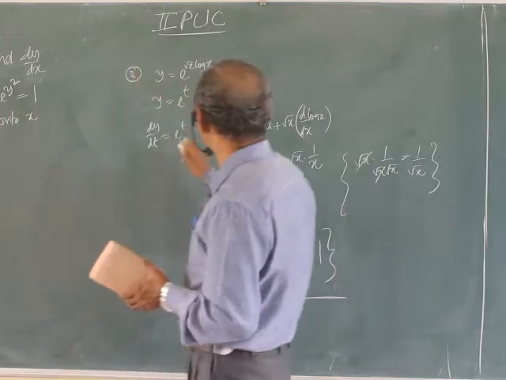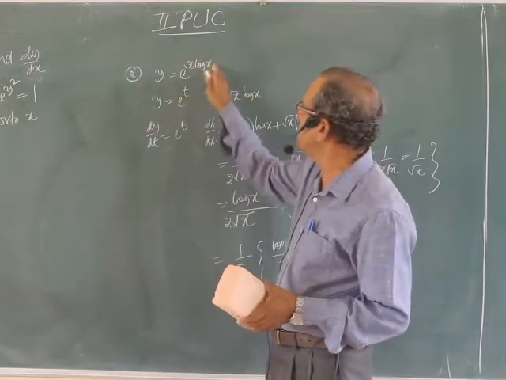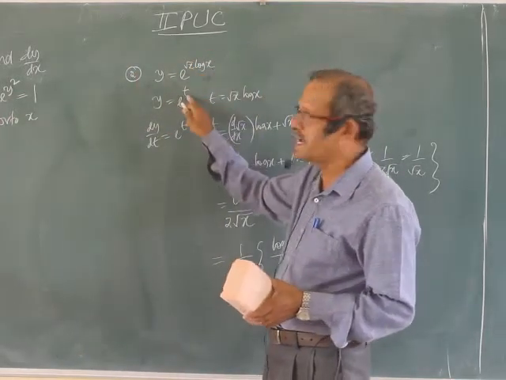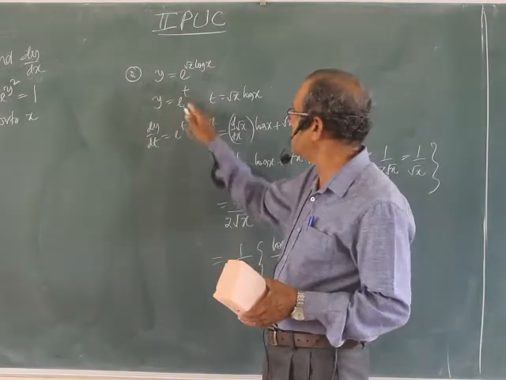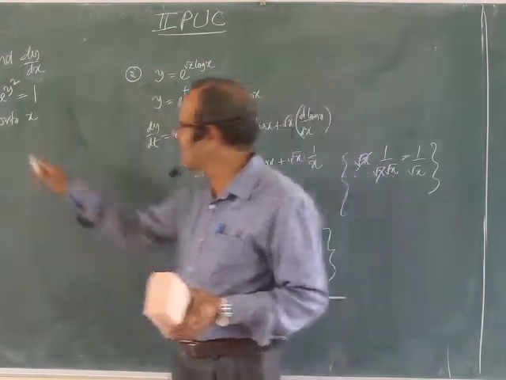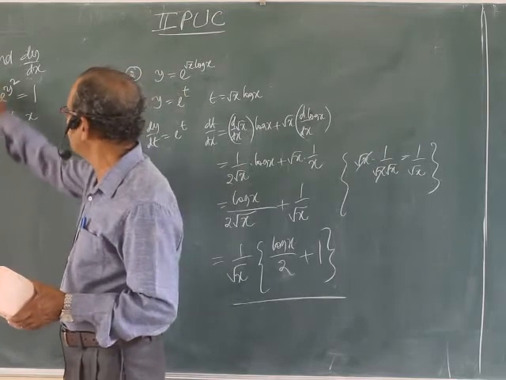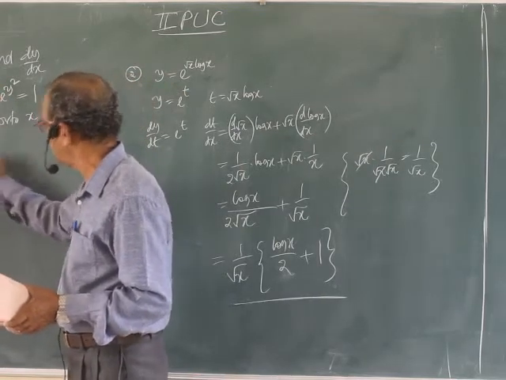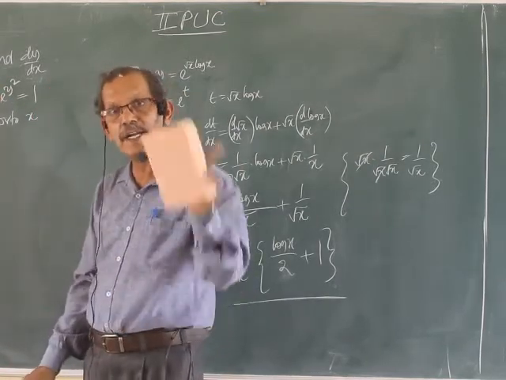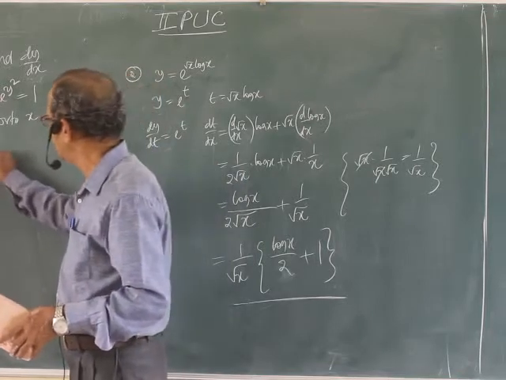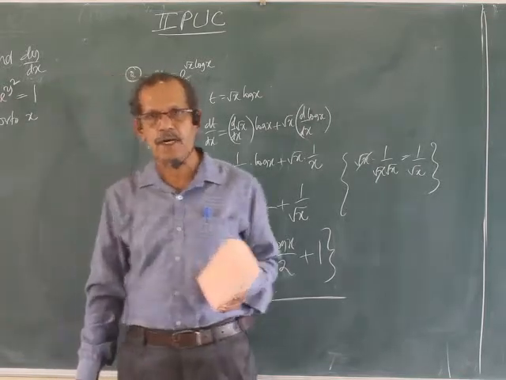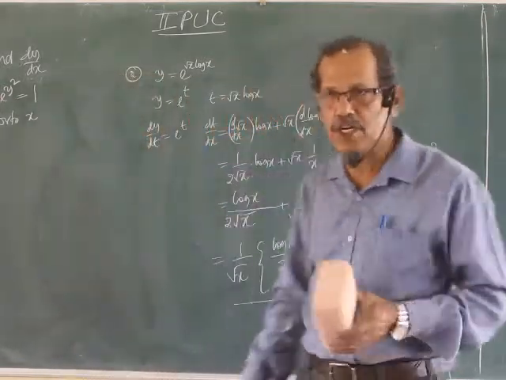First step is it is derivative of e to the power t. Whatever function is there, it is taken as t, no? So derivative is e to the power t itself. Here also I have written straight away derivative of this e to the power x square into, now derivative of that function. Whatever function you have in the power, find the derivative of that function.